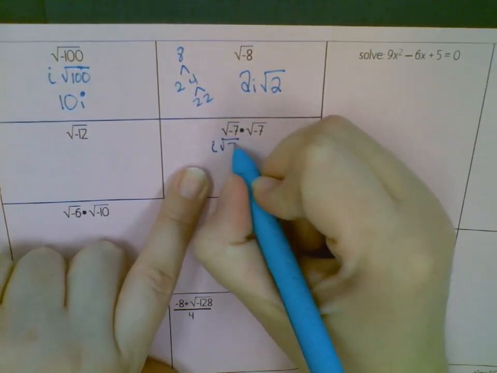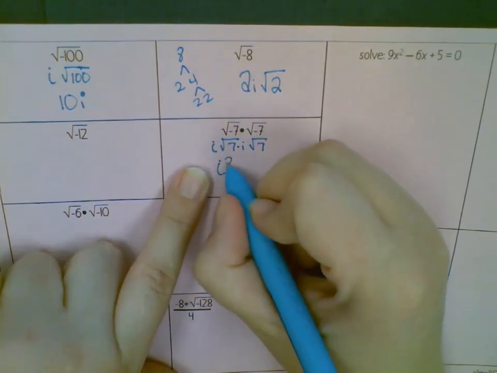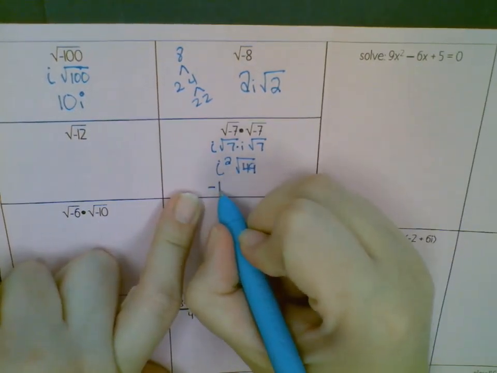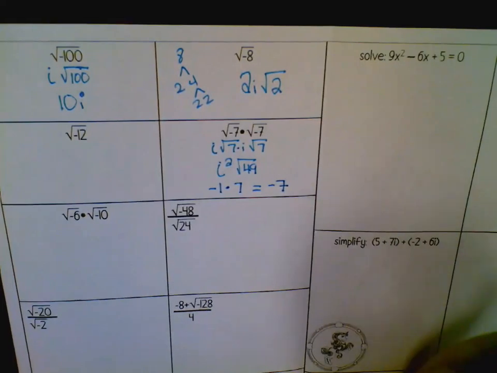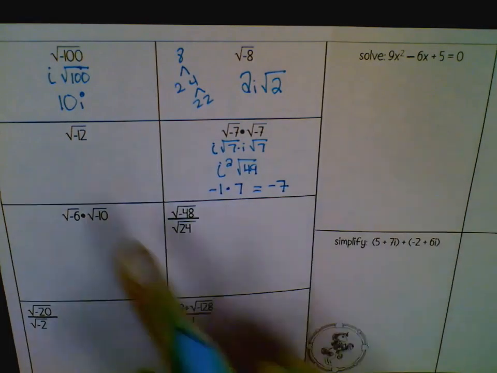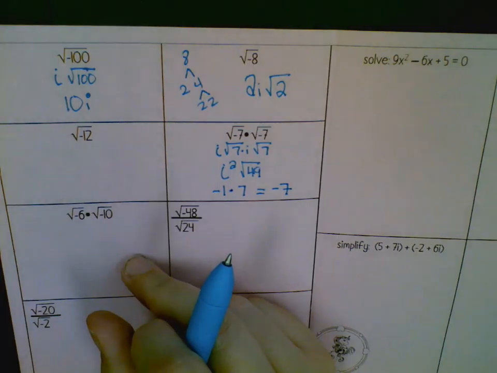If we take the i out from both of them, then we'd have i squared times root 49. i squared is -1, root 49 is 7, so we end up with -7. Why don't you try these two, and when you come back I will show you the answers.